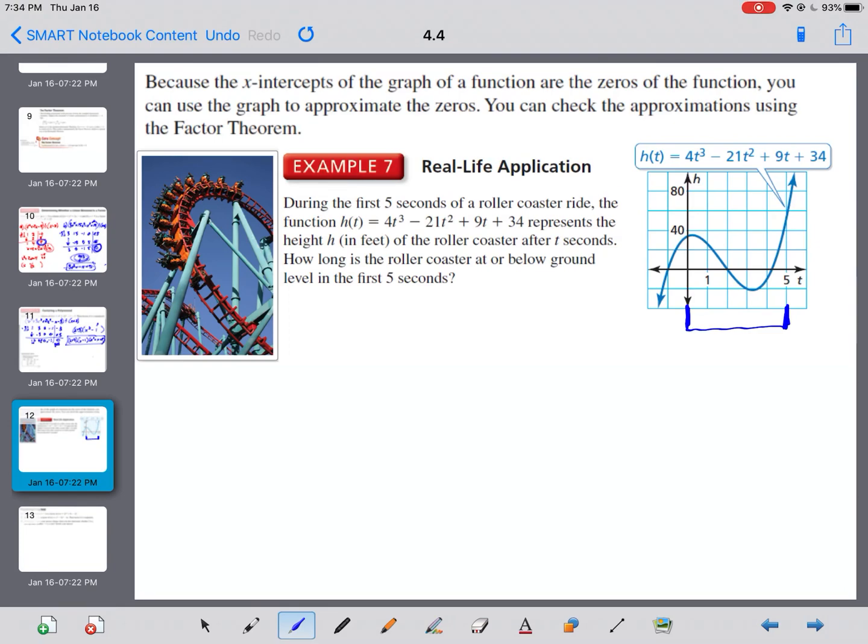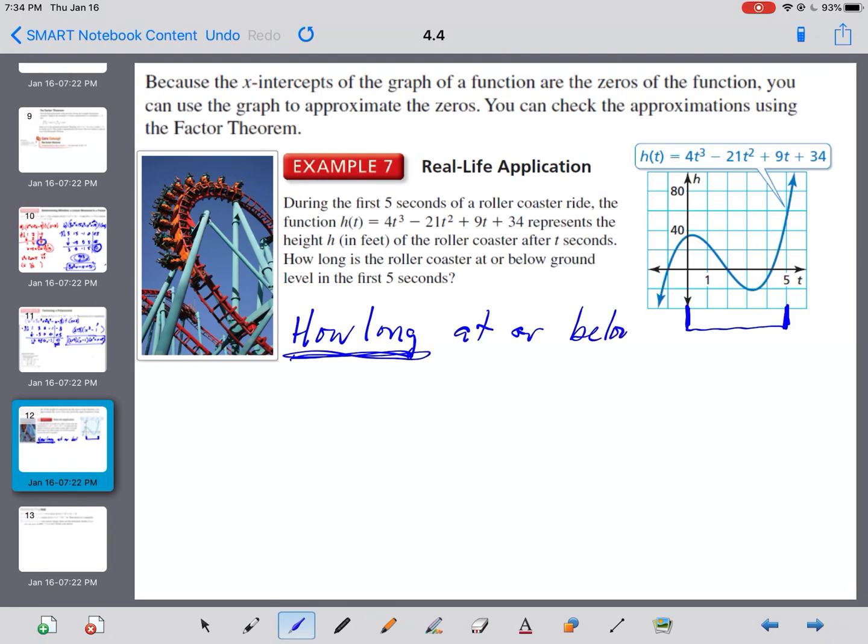Our word problems are getting more and more involved. We have to do more steps to get to the answer, so it's always a good idea to write down the answer so you have somewhere to plug it in and make sure you got the right thing at the end. Anyway, so we want to know how long is it below, and I'm going to underline how long.